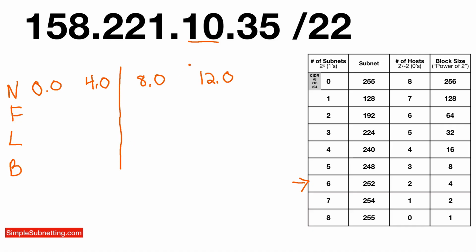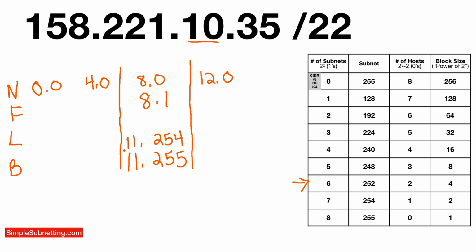So we just got to solve for this one and note the next one. So let's start. Broadcast is one less than the next. So it's 11.255. And then one less, 11.254. And then 8.1. And there you have it.